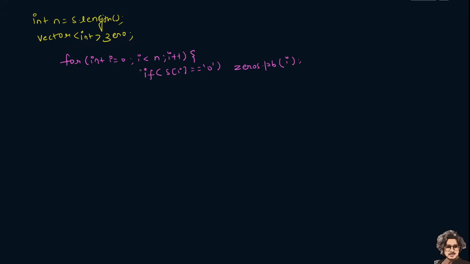Now we want to keep the total count of all these things, so int totalCount is equal to 0.